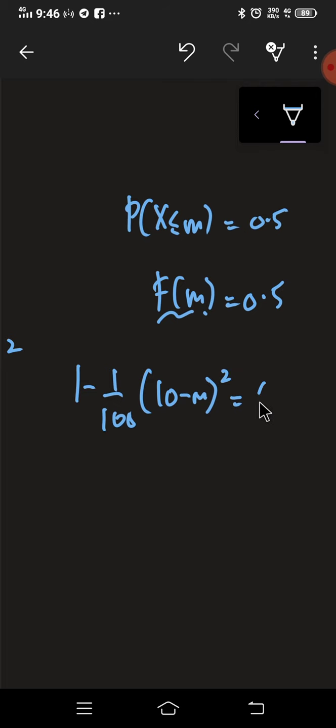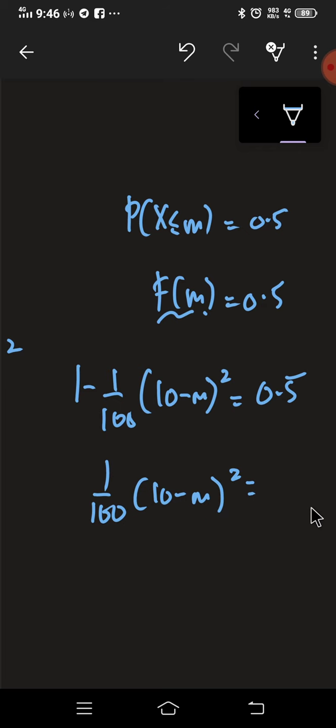If the question has the word hence, then you have to use the PDF, because we found the PDF in question C. But here we have the CDF, it's easier to use, and we have only one defined function, which is 1 minus 1 over 100 of 10 minus x squared. So we substitute m into that function: 1 minus 1 over 100 of 10 minus m squared equal to 0.5. So 1 over 100 of 10 minus m squared equal to 0.5, and 10 minus m squared is equal to 50.